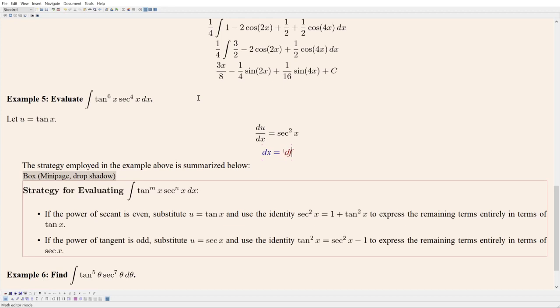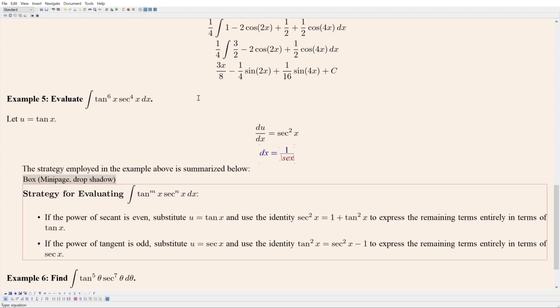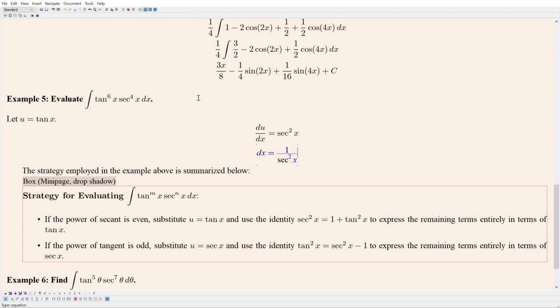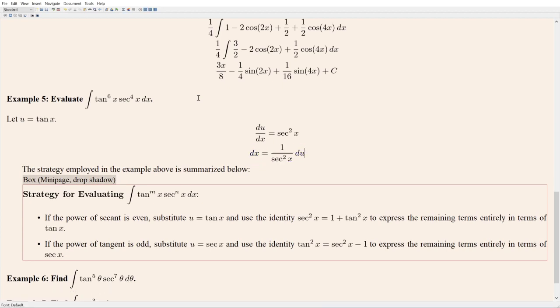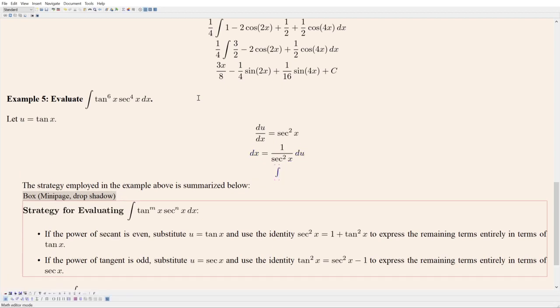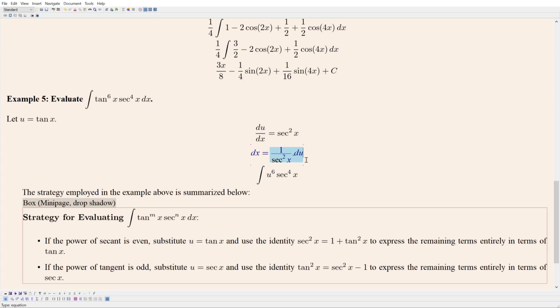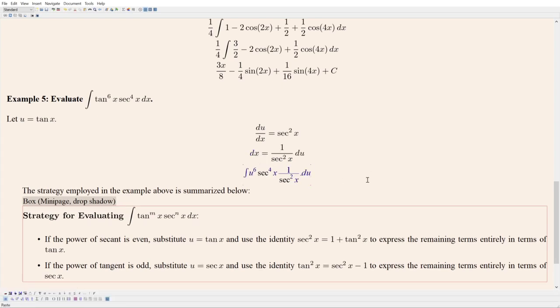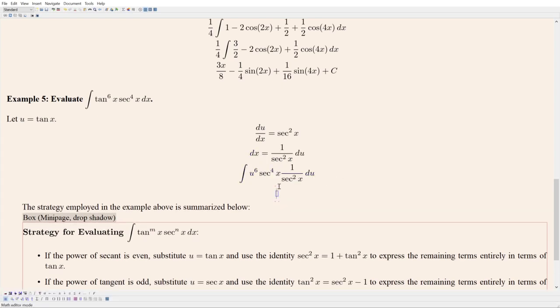This means that dx is going to equal 1 over secant squared du, which means that our integral is going to be tan to the power 6. Okay, so that's u to the power 6. Times secant to the 4th x. And then instead of dx, we have this. Okay, so 2 of the secants are going to cancel out.